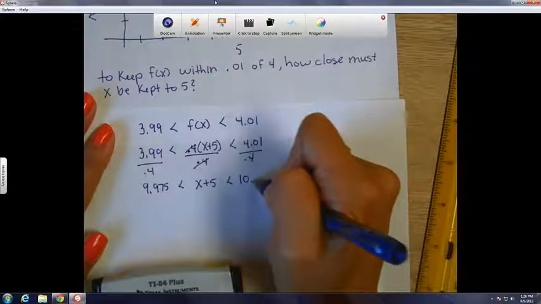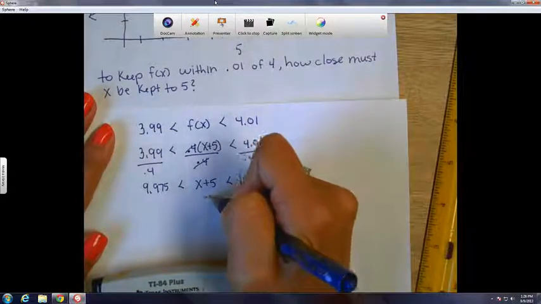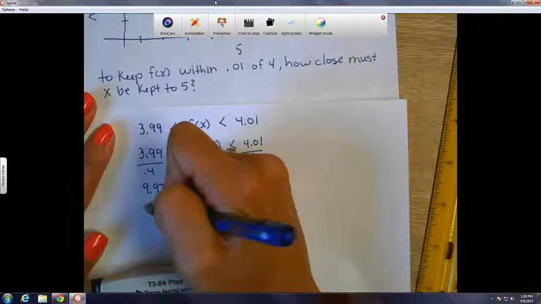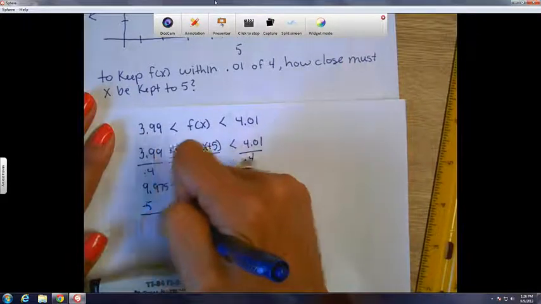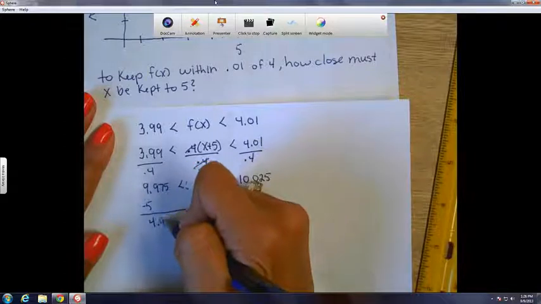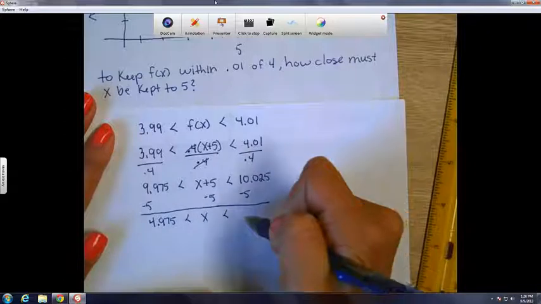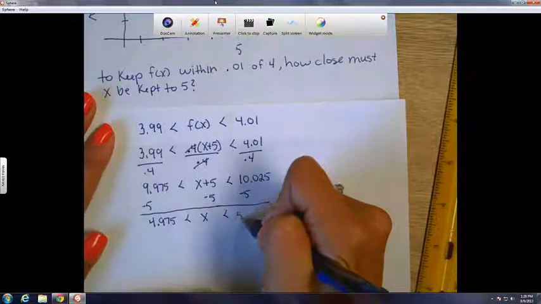And 4.01 divided by 0.4 is 10.025. And I'll subtract 5 from everything. So I've got 4.975 is less than x is less than 5.025.